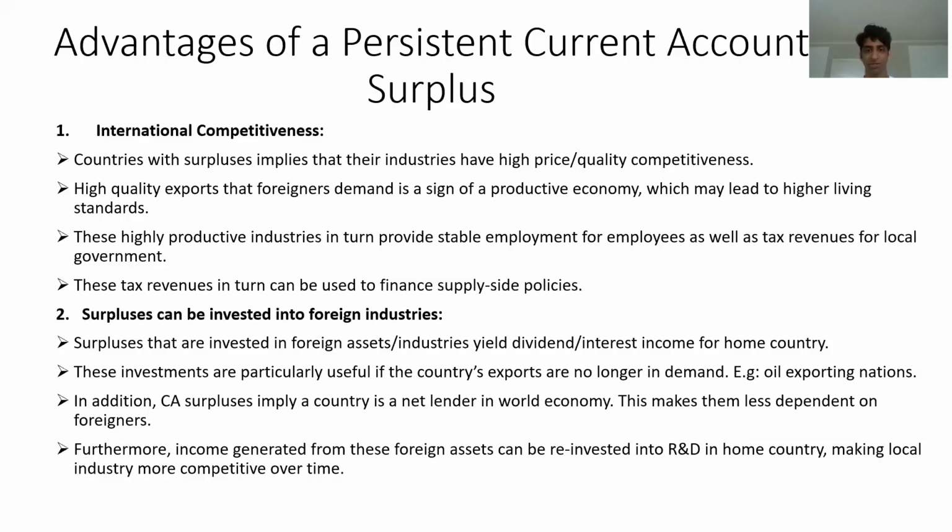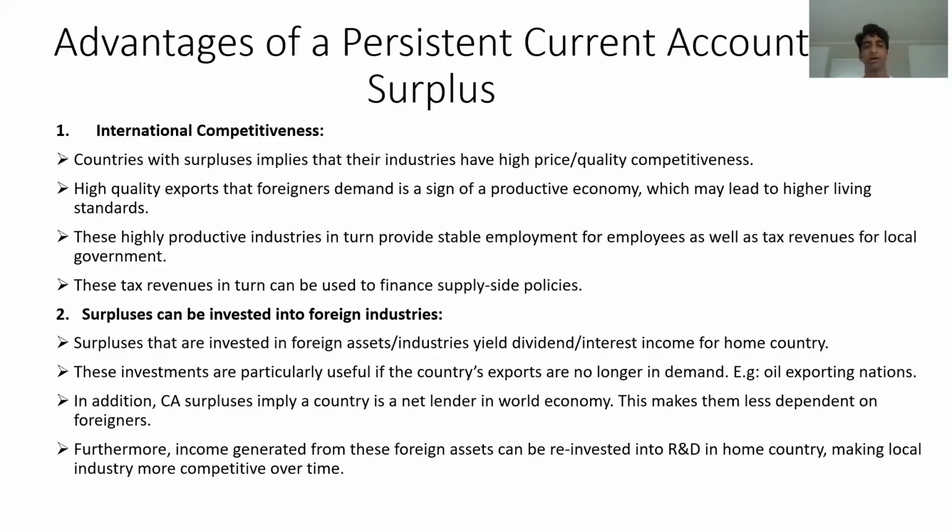Because I was so dependent on that before. But the good news is that the dividend income and interest income from investments made abroad will help you in managing that risk. So you can potentially dampen the risks of foreigners not wanting your products in the future.